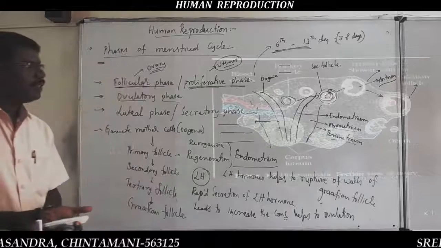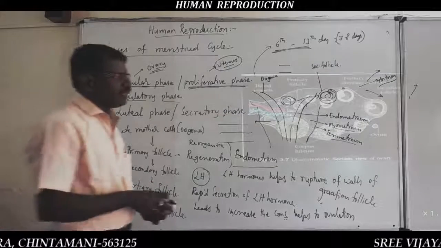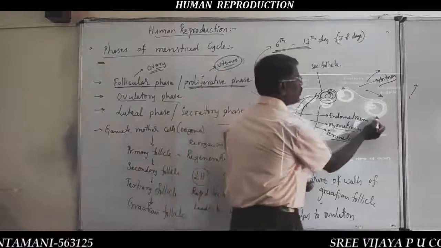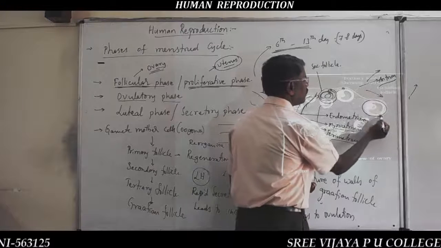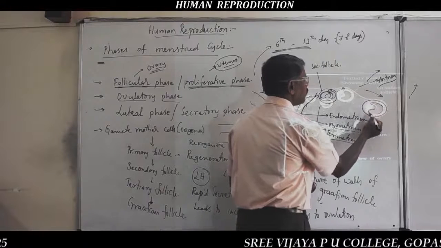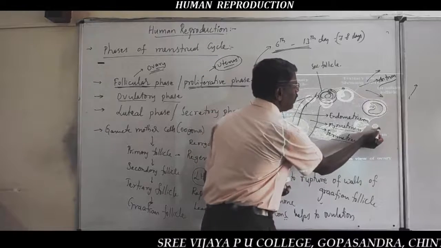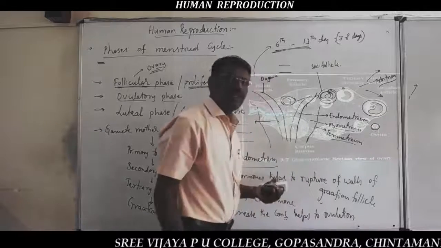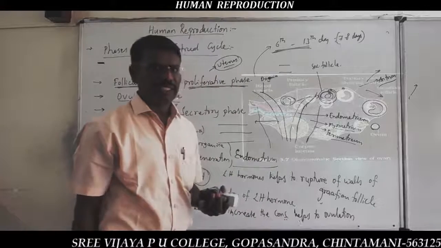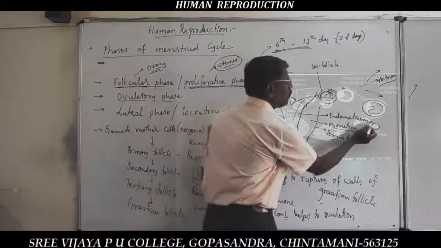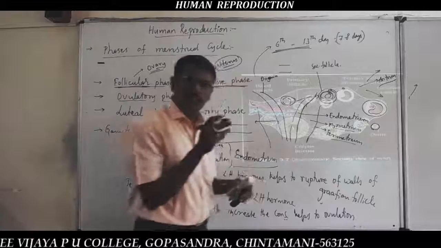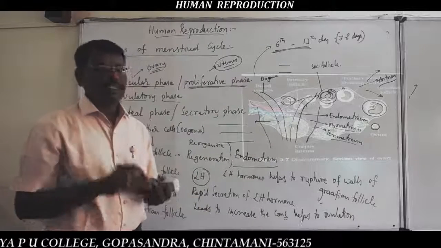You can see here, the walls of the Graafian follicle rupture and the egg or ovum is released, in the form of a secondary oocyte. The walls of the Graafian follicle rupture to release the egg.